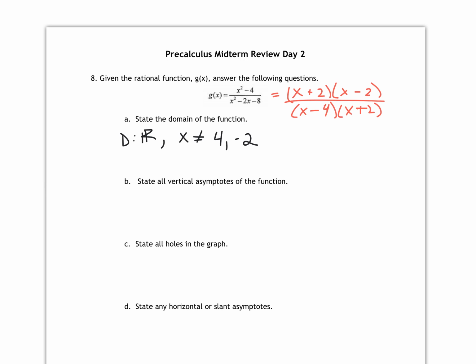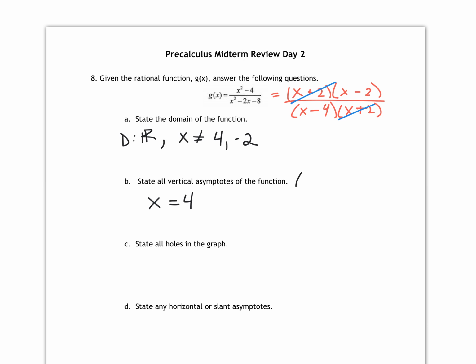Now the vertical asymptotes are what's in the denominator after you cancel. So since I cancel the x plus 2's, what's left is 4. The holes are what you cancel.